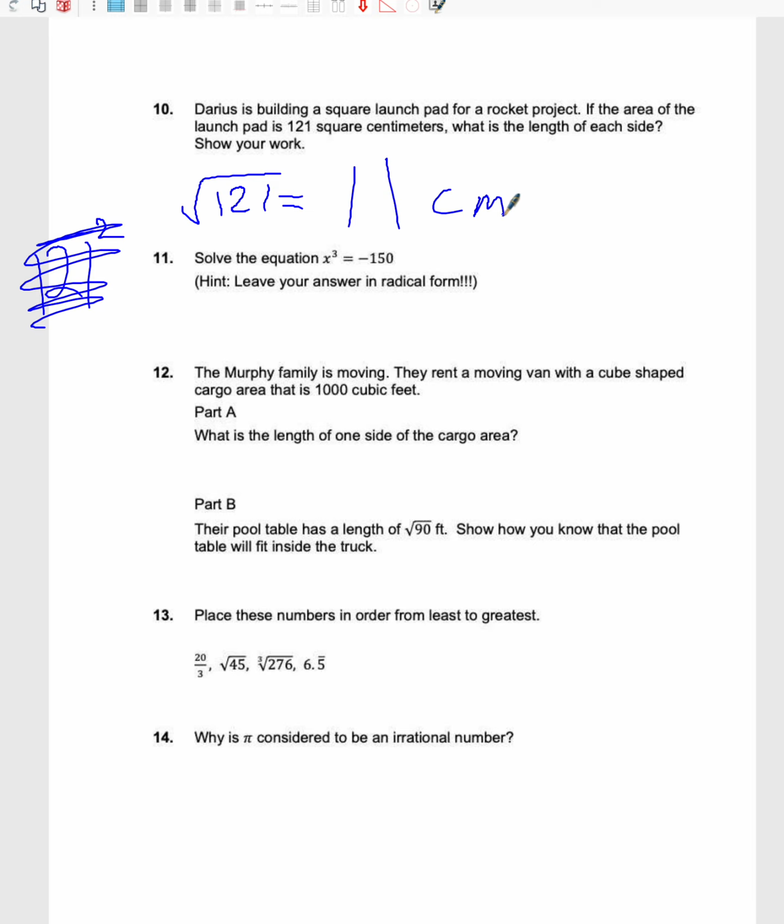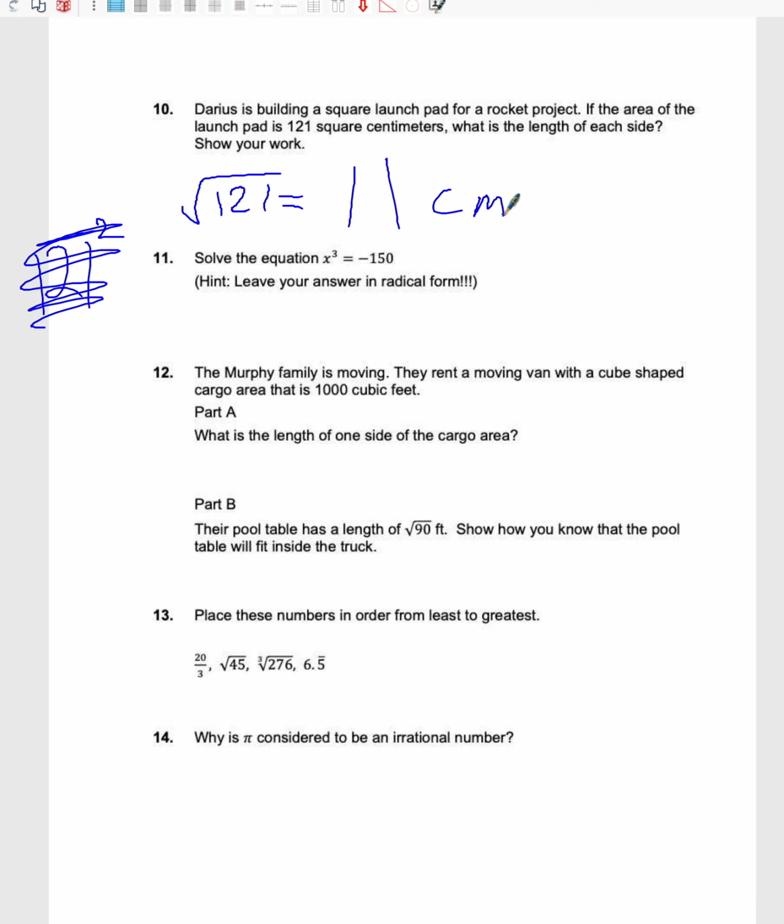Okay, number 11. I put a big hint in here on this one so that you write the answer correctly, because I don't want you to use a calculator on this one. I don't want you rounding this to some decimal place. I want you to leave it in radical form. So solve the equation x cubed equals negative 150.